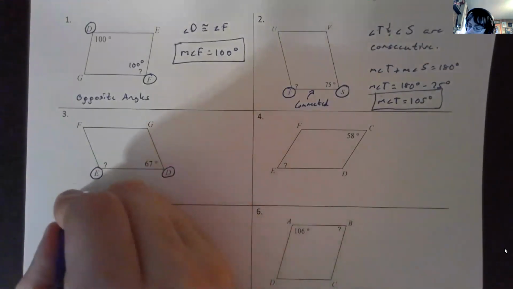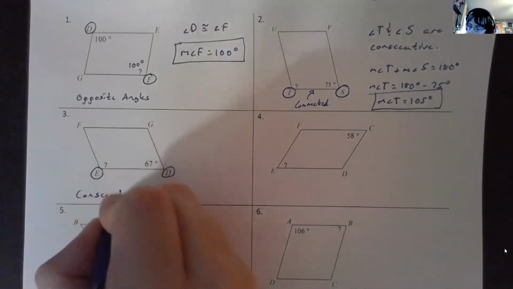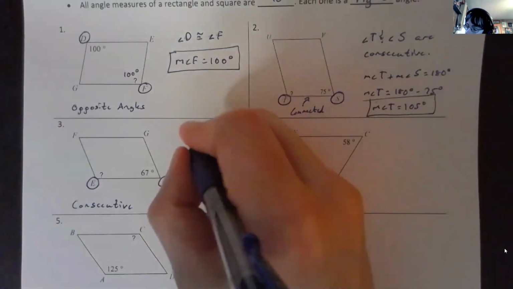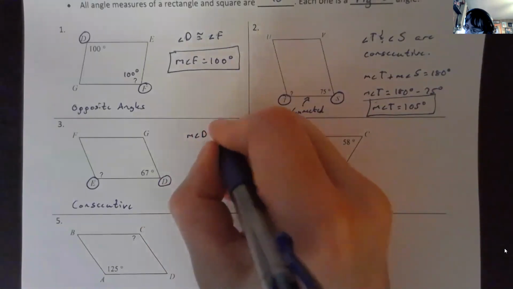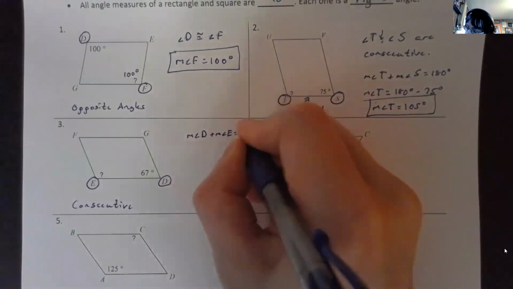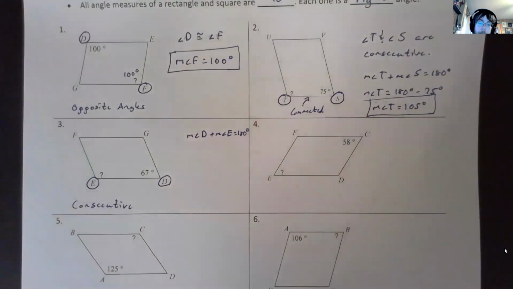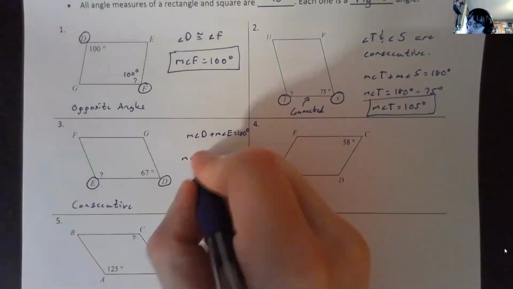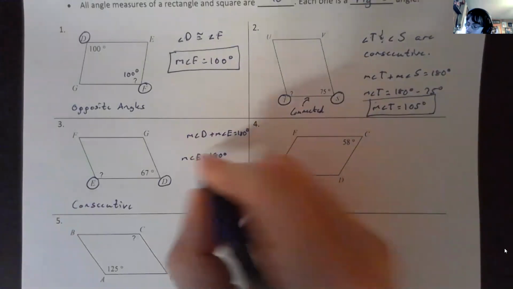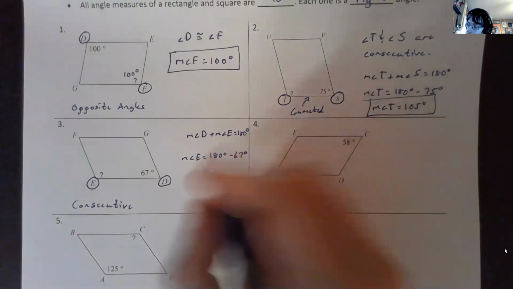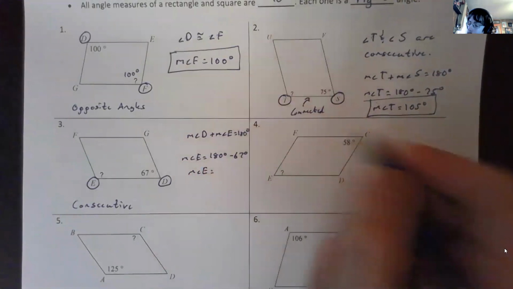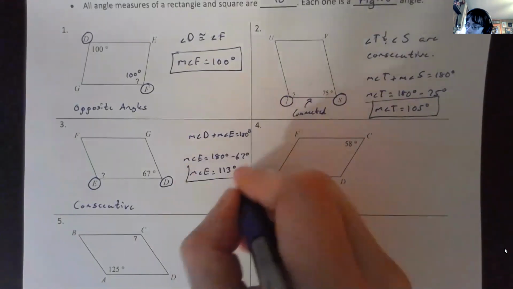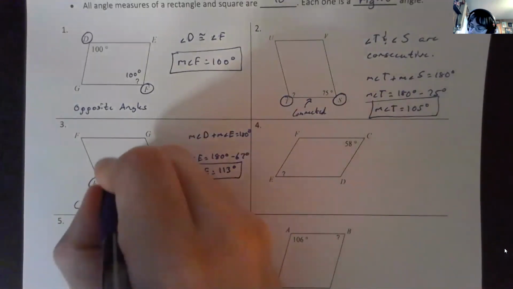So that means that these are consecutive. And since they are consecutive, that means that the measure of angle D plus the measure of angle E must equal 180. They're supplementary. So to find angle E, we take 180 and subtract angle D, which is 67. So 180 minus 67 will give you 113 degrees for angle E.